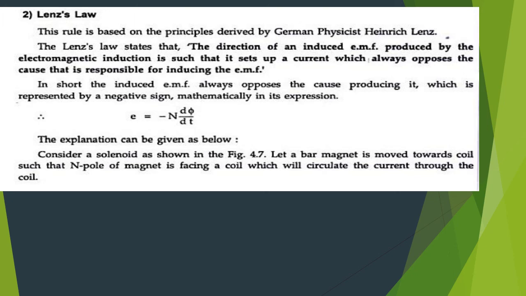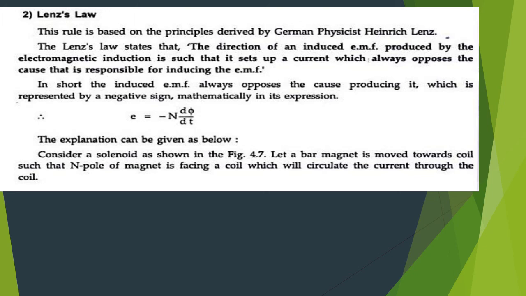In short, the induced EMF always opposes the cause producing it, which is represented by the negative sign in the expression of induced EMF, e is equal to minus n d phi by dt.